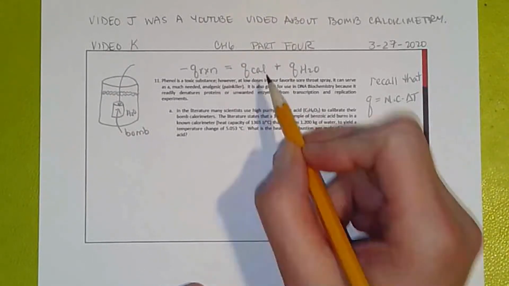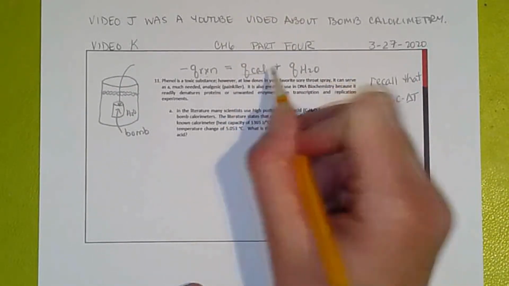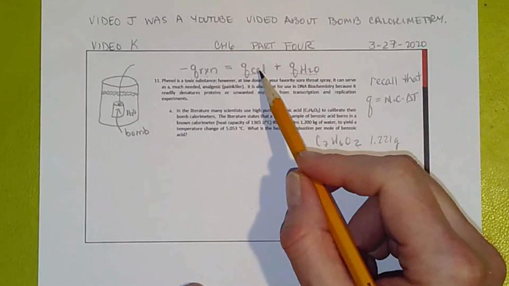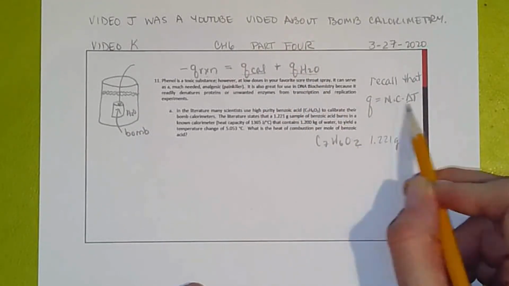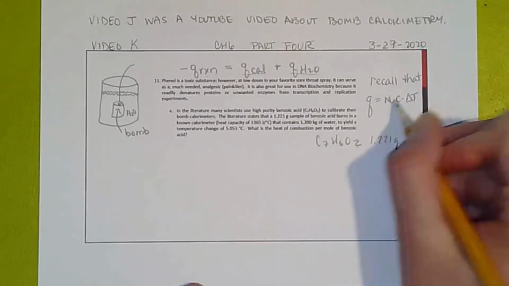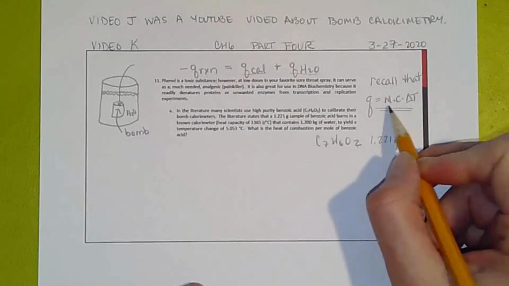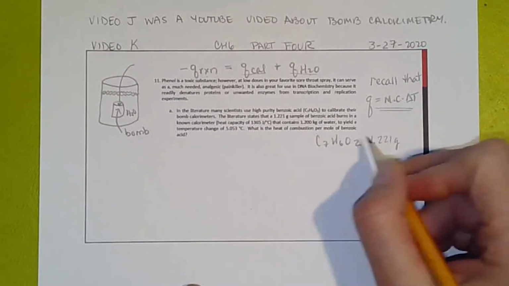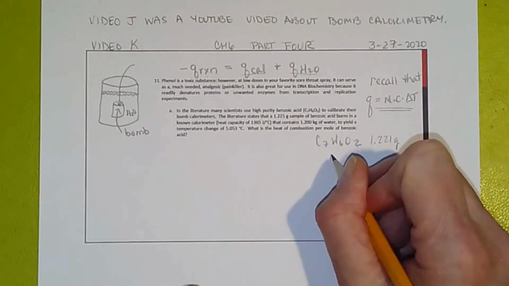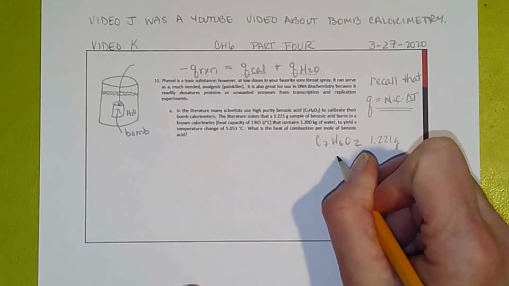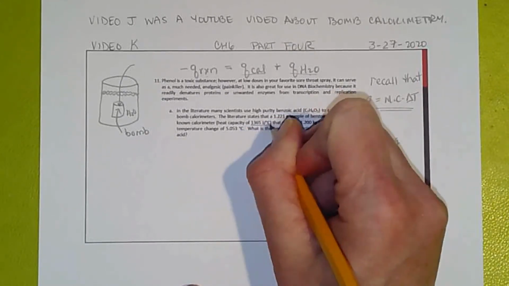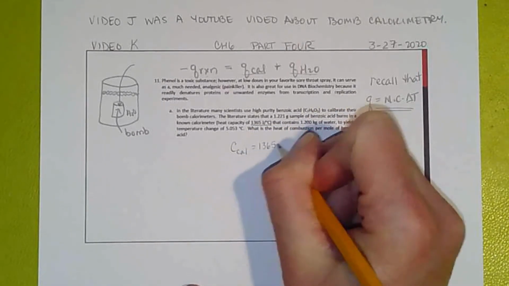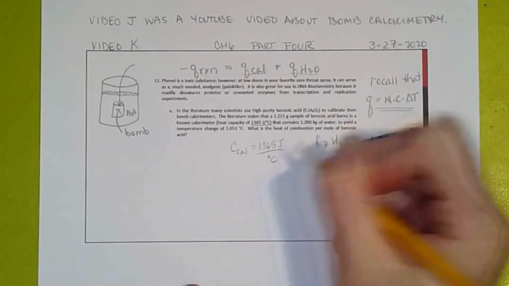Okay, so what we'd like to do is add Q from the calorimeter to Q from the water. And we can figure both of these out using the regular Q expression that we've been seeing for all of our calorimetry. Q equals mass times heat capacity times delta T. Now we're given the heat capacity of the calorimeter itself. So that is equal to 1365 joules per degree Celsius.